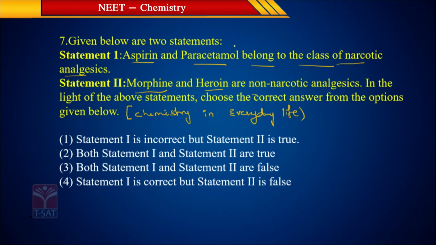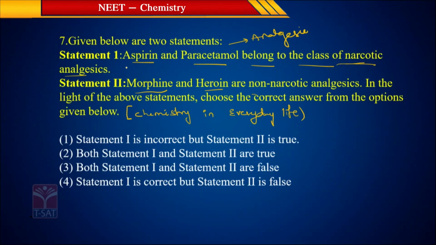Aspirin and paracetamol are analgesics. What do you mean by analgesic? Analgesic means it reduces pain. But these are not narcotic analgesics; these are non-narcotic analgesics. What is the difference between narcotic and non-narcotic analgesics?